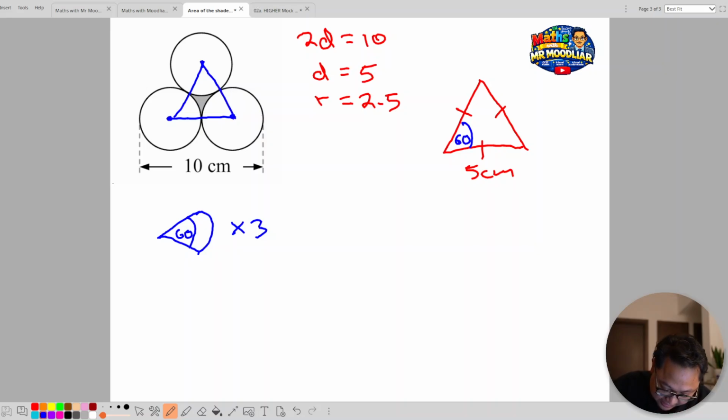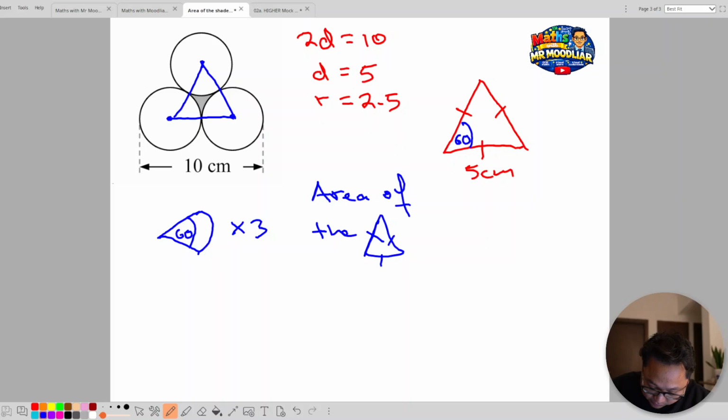So I can work out the area of the triangle, we need to make sure we have a plan. So area of the triangle, okay, that's what we have, we call triangle. And we're taking away the area of the sector.